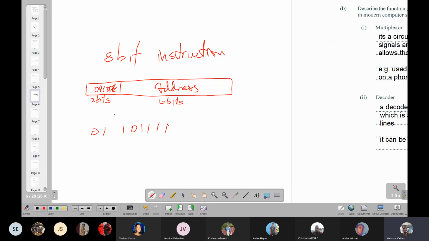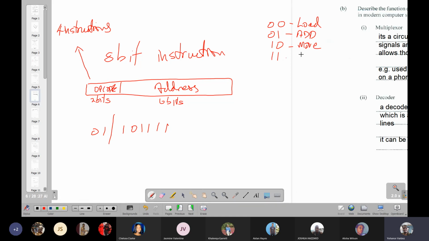Now, if I reserve 2 bits for the opcode, it means I have a possible maximum of 4 instructions that I could execute. How did I get 4 instructions? Well, 2 bits could give me 00, 01, 10, and 11. So 00 could be something like load, 01 could be add, 10 could be move, and 11 could be subtract.